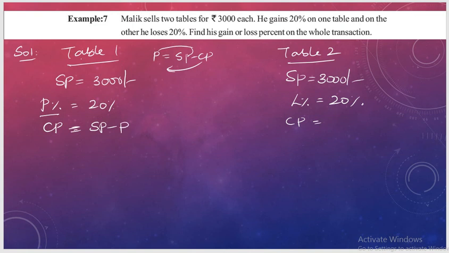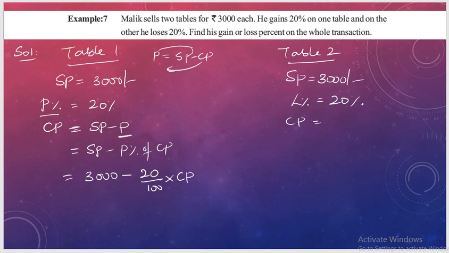Now, already we have discussed that profit or loss will be calculated on CP. So this profit is nothing but profit percentage of CP, right? So selling price is 3000 minus profit percent of CP. What is the profit percentage? 20%. So 20% of CP.